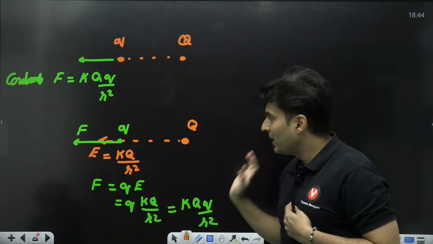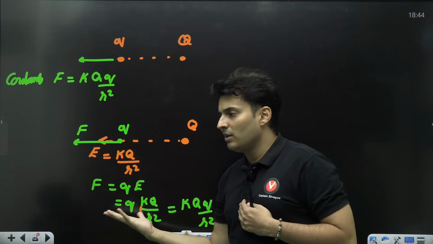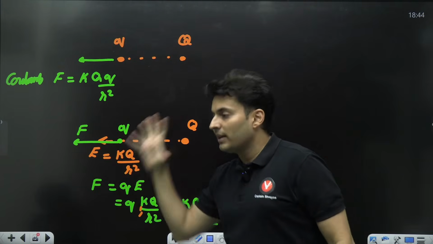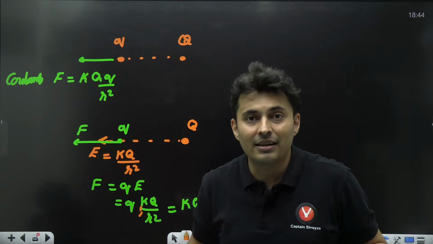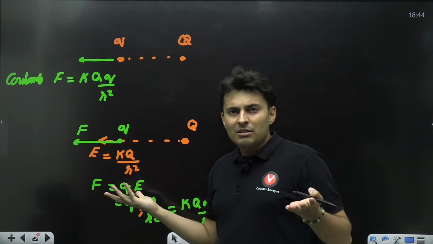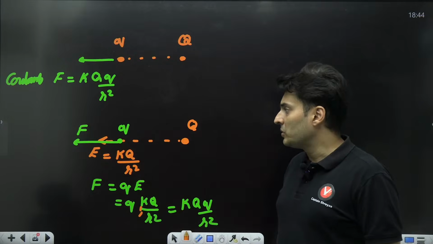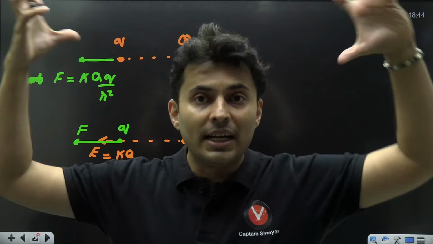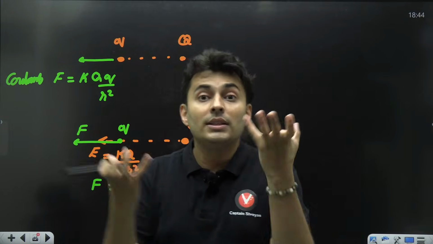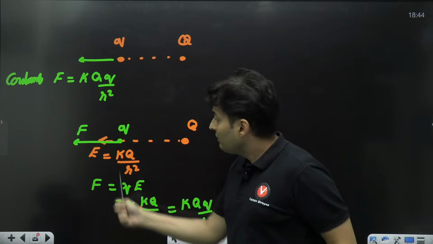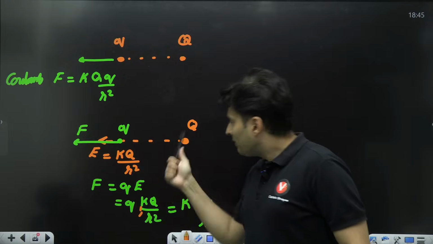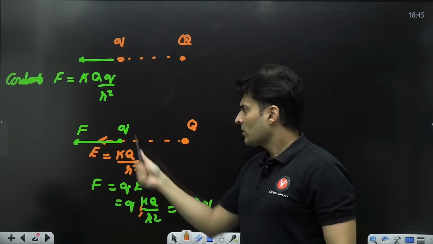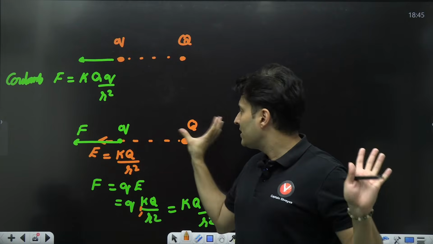Till now, you might have understood that I didn't have to define field. Even with Coulomb's law, I could have solved the problem. The reason why we define field does not seem necessary, but okay, we can do with it also. But the real reason why the field is there is because it gives you a complete understanding of the system of charges, even without the test charge being present. This charge was there, that's why you are able to calculate the force. But let's say this charge was not there, and only this charge is there.